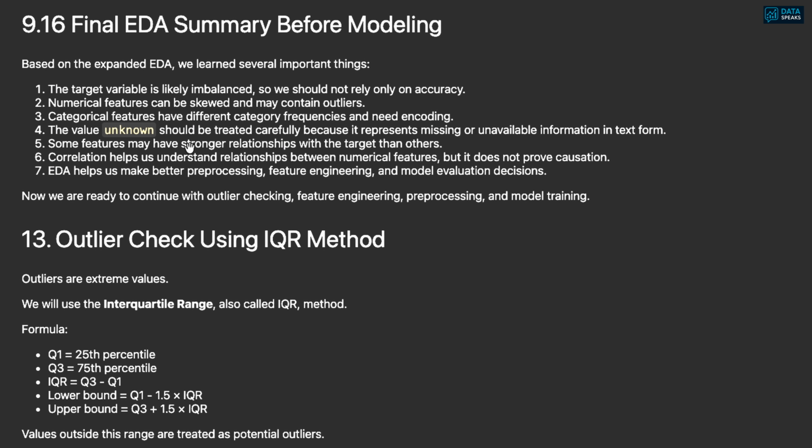So this is the quick walkthrough on exploratory data analysis on our data set. And next, we are going to do some data pre-processing and prepare the data for machine learning, including feature engineering, outlier treatment, etc.